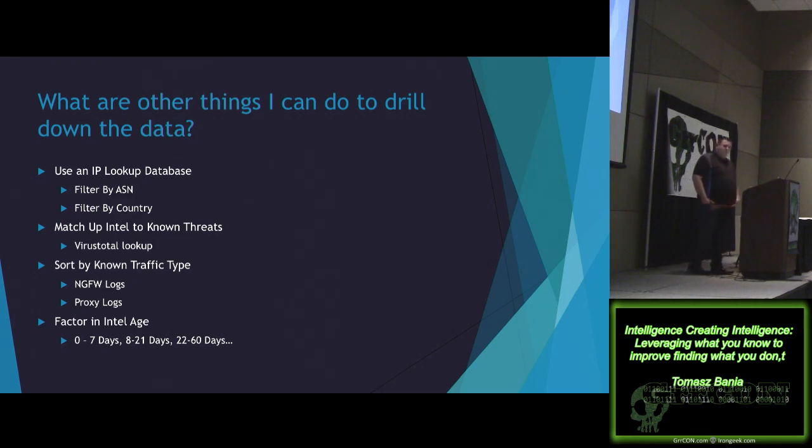And then probably most importantly is factoring in the intel age. This comes down to many of the common sources of compromise, especially on the domain and domain URL side, are going to be your mom and pop shop's website that got compromised, or some small business that didn't have patching in place and they're being used as the attack source.